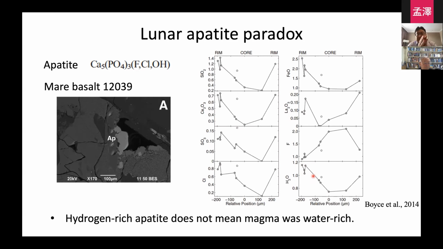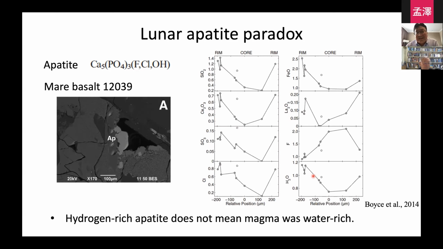So this figure shows that the water content in the apatite cannot be used to interpret water content in the parent magma, which means that hydrogen-rich apatite does not necessarily mean that the magma is water-rich.